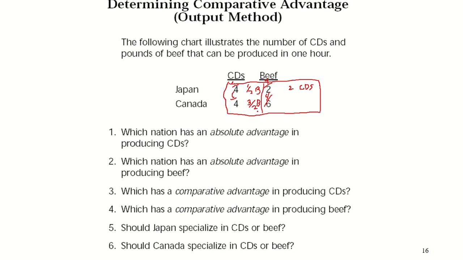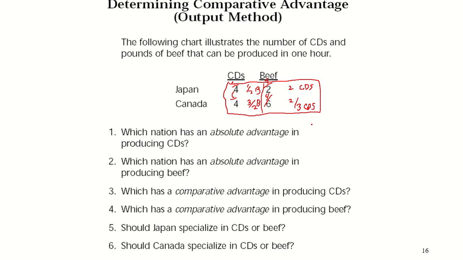Beef, right? 1 point something. And then over here we've got 2/3 CDs.